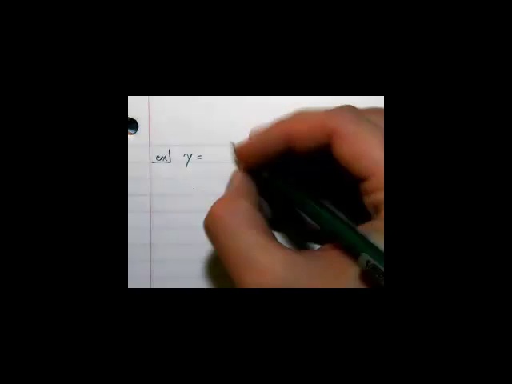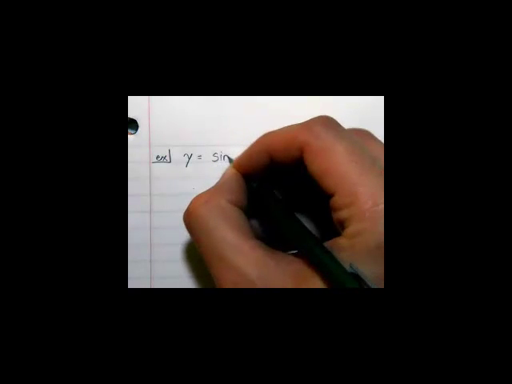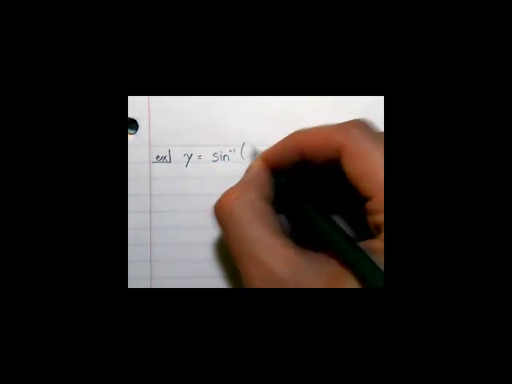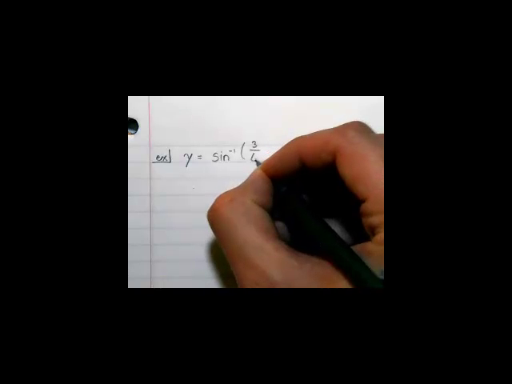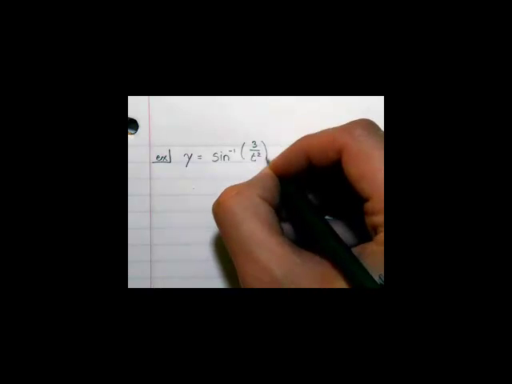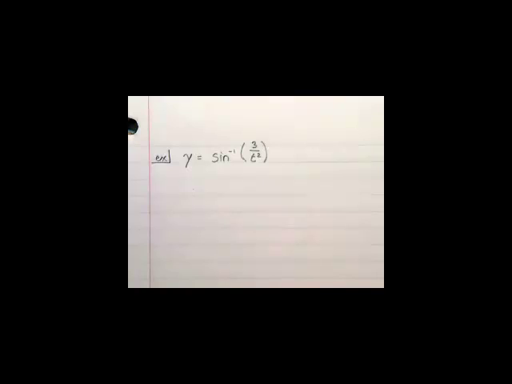All right, this one may or may not be part of your homework assignment, just saying. Something like that. 3 over t squared in our inverse sine. Okay? So it's going to do some strange things.